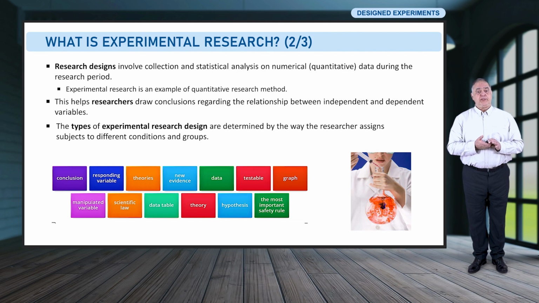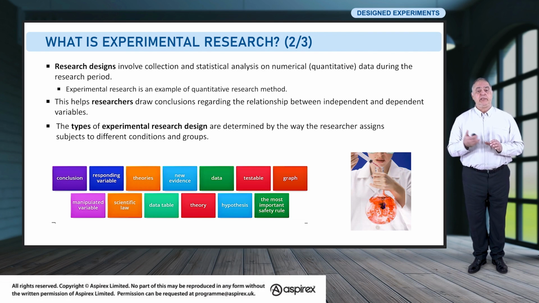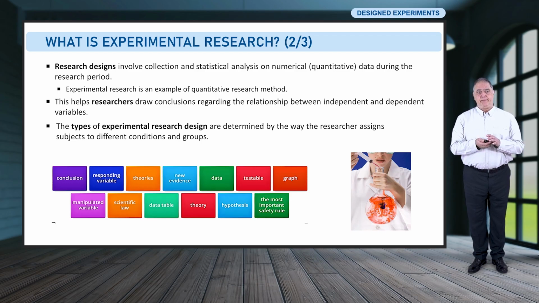This helps researchers draw conclusions regarding the relationship between independent and dependent variables, the X's and the Y's. The types of experimental research design are determined by the way that the researcher, the person who is conducting the research, assigns subjects to different conditions and different groups.